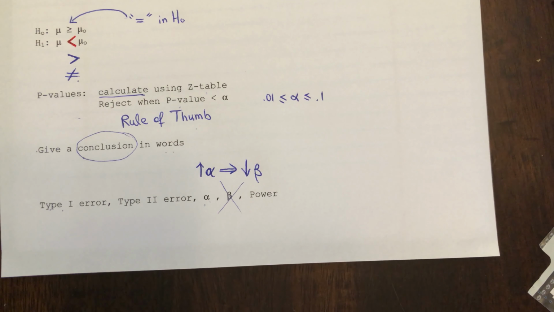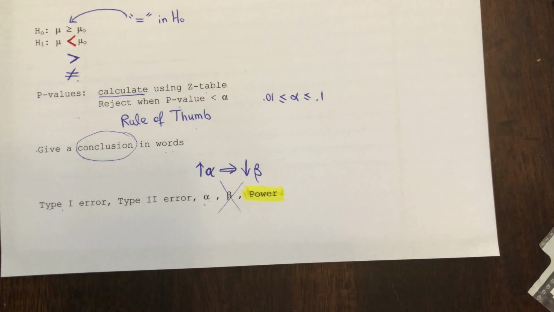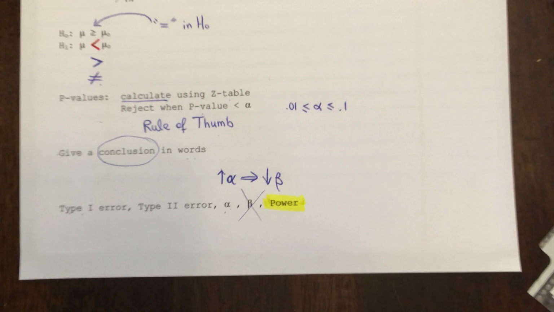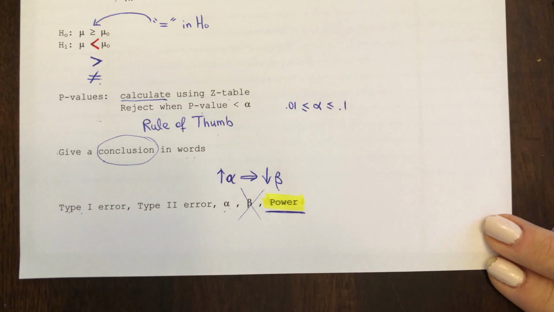And then finally, we talked also about the power of the test, which is the probability of rejecting H naught when it's false. And we want to reject false hypotheses. So power is a really good thing, okay? So power is a good thing. It's exactly what we want to do. So we want powerful tests in this respect.